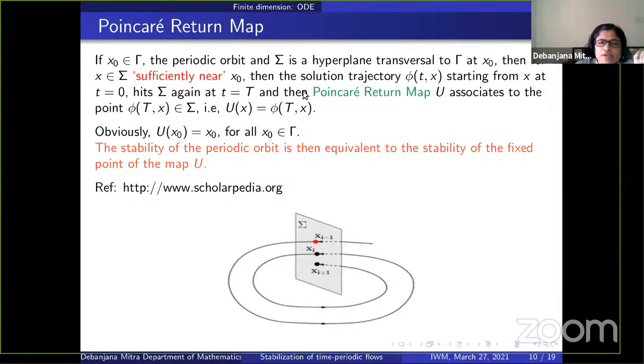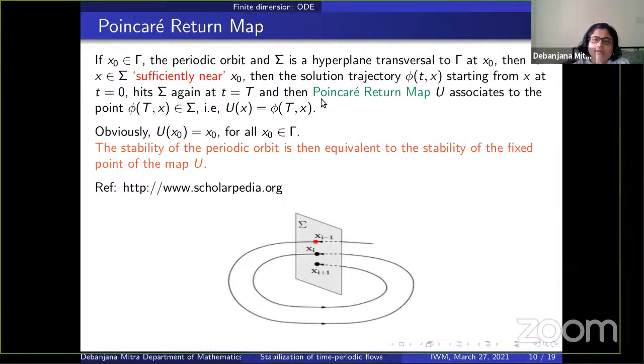So at time t equal to capital T, the trajectory will hit this hyperplane sigma again, and whatever the point that trajectory is hitting on sigma, let us call it p.